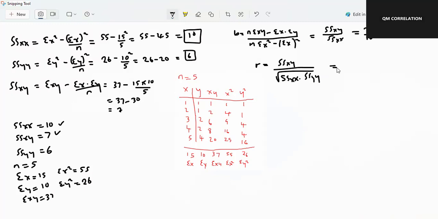So what is our xy? 7. xx is 10. And yy is 6. What do we get as a final answer? 60.